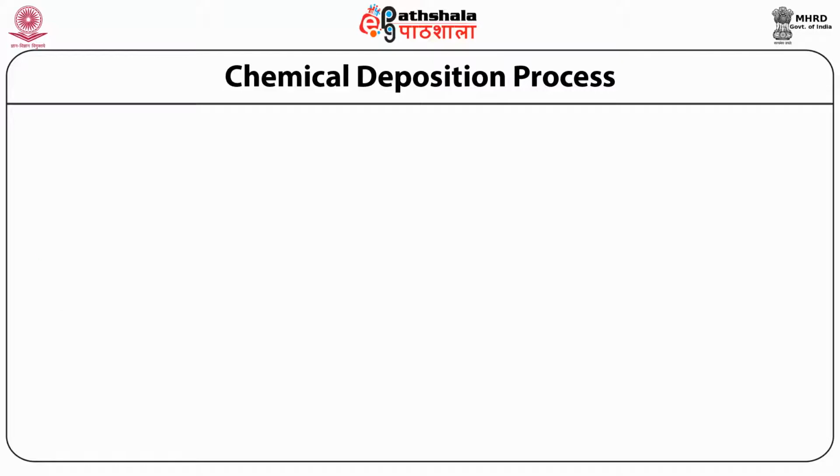Now, depending on the nature of the precursors, there are several preparation techniques available for the synthesis of materials by CSD technique. Some of the techniques are listed below. The first CSD technique that we are going to discuss is the all alkoxide method.